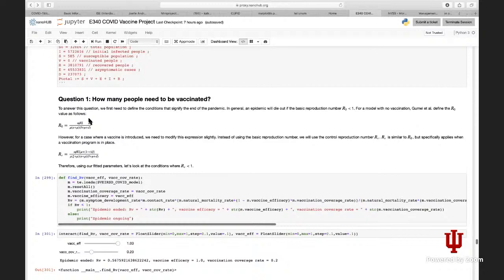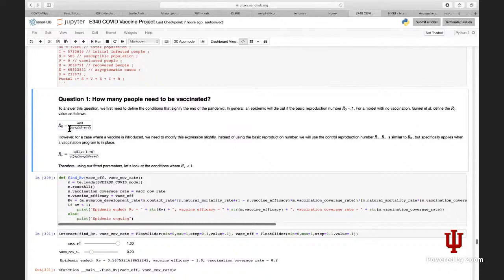The number of people that each individual infected person will infect in the R0 value is going to be dependent on the symptom development rate and our contact rate beta. And that makes sense because both of those values determine how many people end up getting into that infected category.